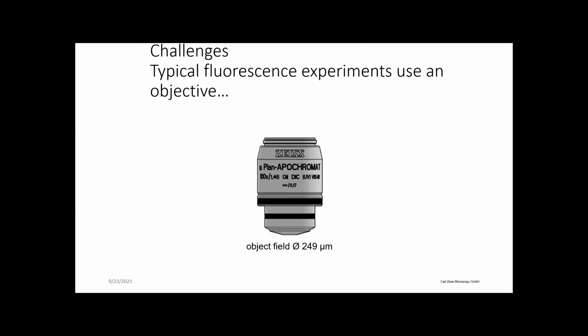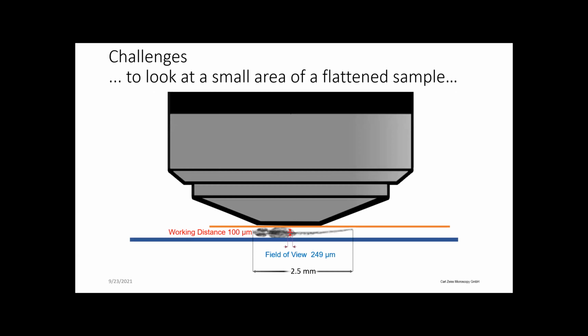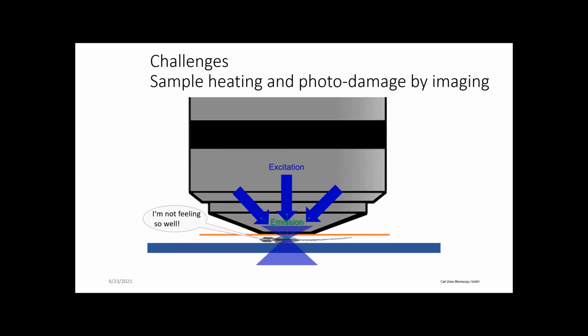Typically, for fluorescence experiments, you would have a high numerical aperture lens with a pretty short working distance. And you can see here at this working distance, you have a field of view that is also exceedingly small. So this kind of optical setup doesn't lend itself to high volume imaging.